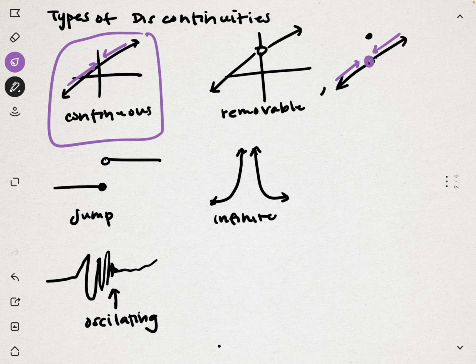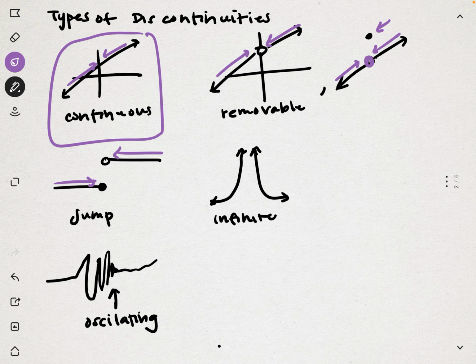That was the limit. The limit was the hole in the graph, but the actual value was someplace else. And then same here. The limit approaches the hole in the graph, but there is no actual value, so that would be another discontinuity. We saw these jump ones, right, where the left and right don't connect at all.